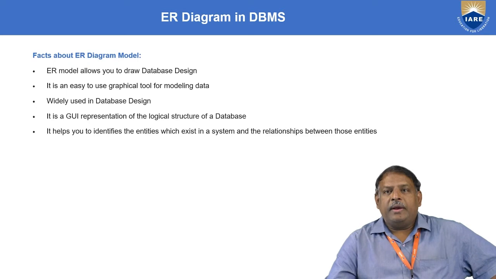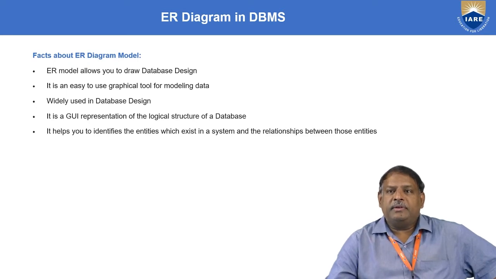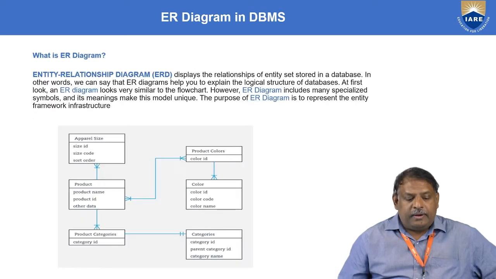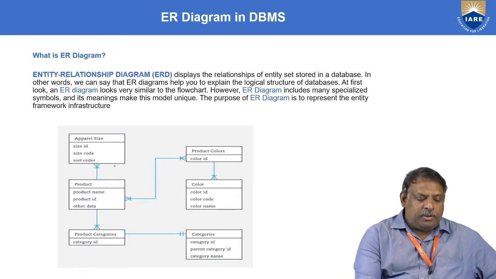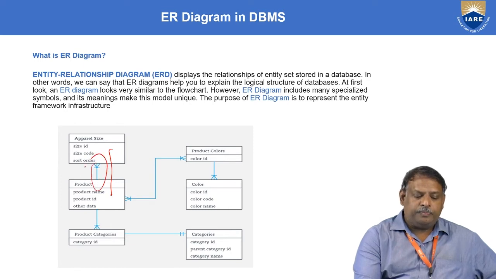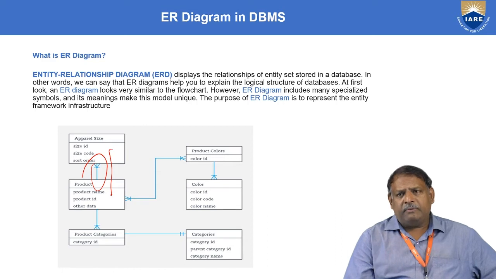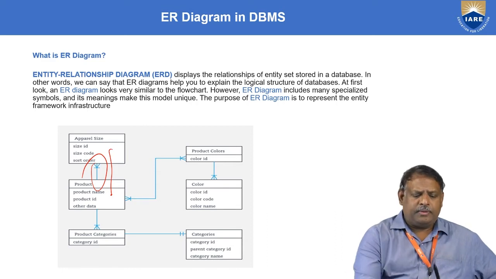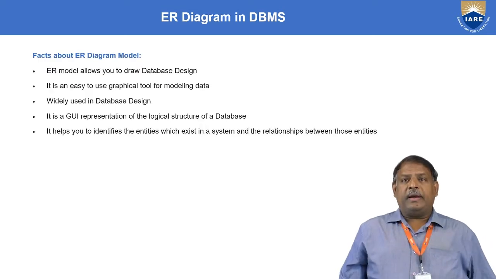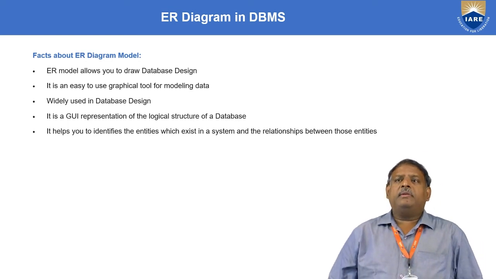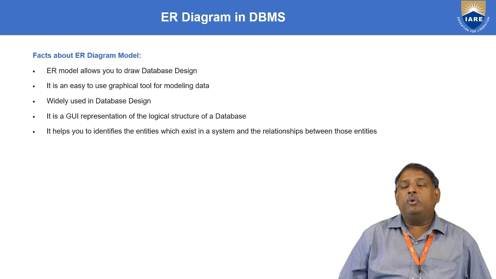It helps you to identify the entities which exist in a system and the relationship between those entities. Like these two are two entities, and we can establish a relation between these two. This same thing we will implement while designing the database.